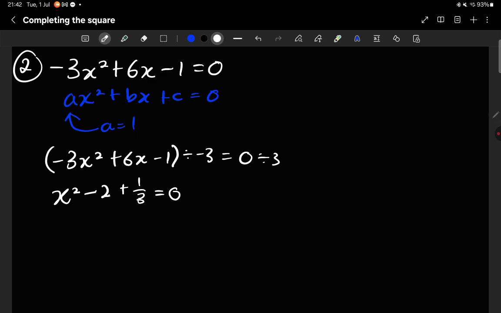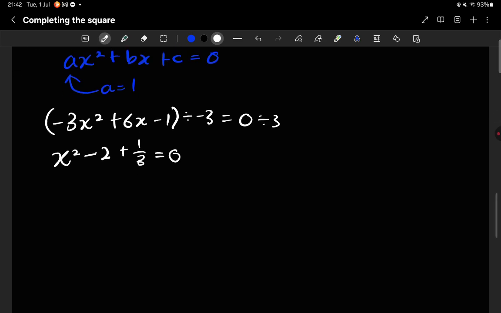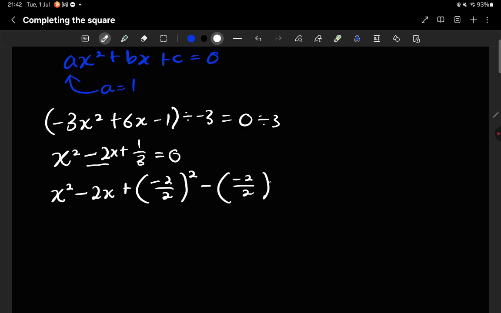There's no negative, no nothing. So now we can continue by just implementing that little formula. x squared minus 2x plus 1/3, what is our b right now? Our b is negative 2. So we have negative 2 over 2 squared minus negative 2 over 2 squared plus 1/3 is equal to 0.